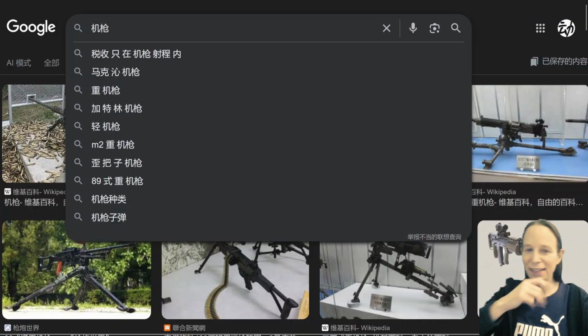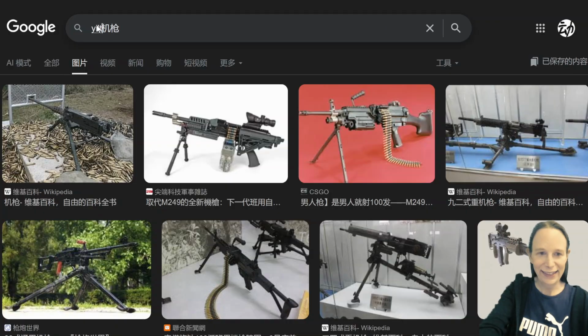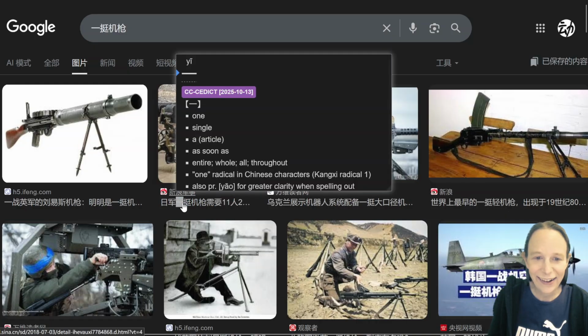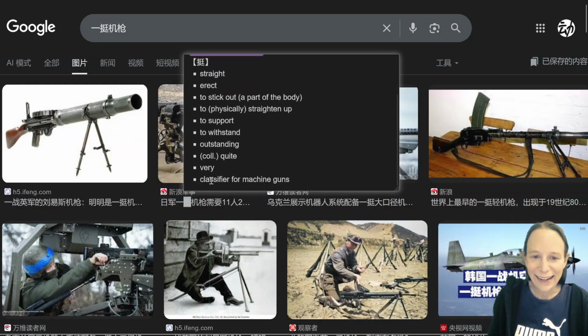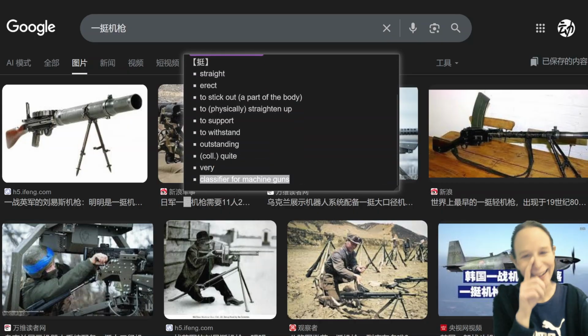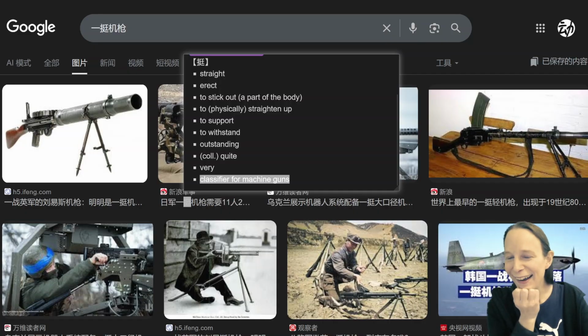But this one is interesting. There's a particular measure word. It's this one, right? Yeah, it's a specific measure word for machine guns in particular.